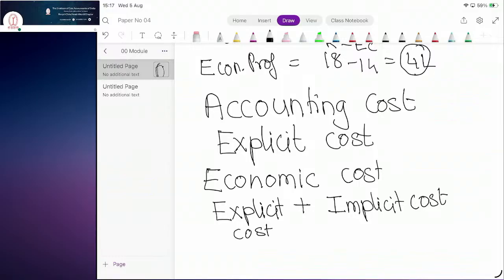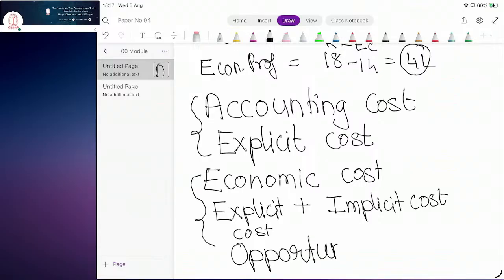हे टर्म समझ लेत, accounting cost and explicit cost, economic cost and explicit cost plus implicit cost. Okay, many times we also call this economic cost as opportunity cost. It is also called opportunity cost. Right? What is opportunity cost?